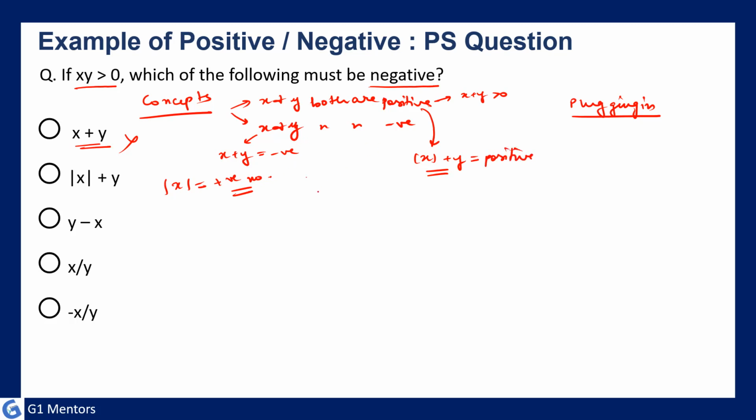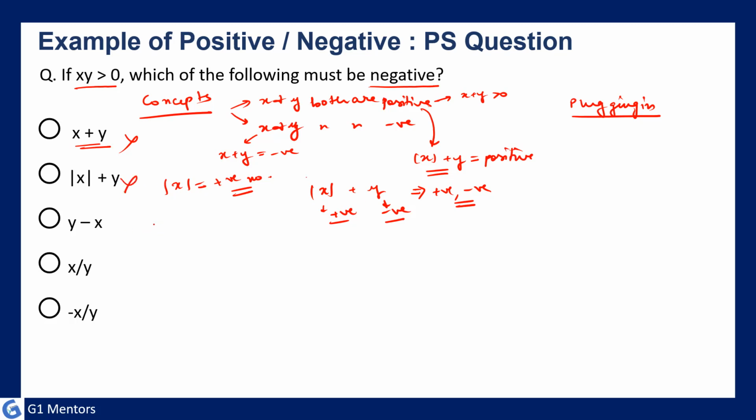If x and y both are negative, then x mod becomes a positive and y is a negative. When we add positive to a negative, it may result into a positive number, it may result into a negative number depending on which number is larger of the two. So this choice is also not correct.